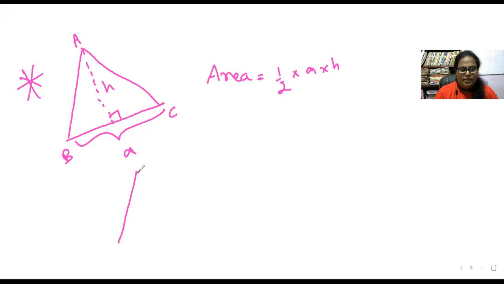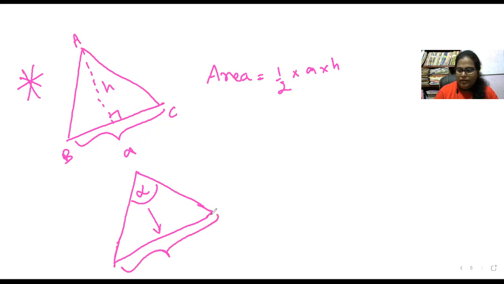This is, you have another formula to get the area of a triangle. Like if you know the angle of a triangle and if you know the adjacent sides of this triangle, sorry, not opposite side, the adjacent sides.